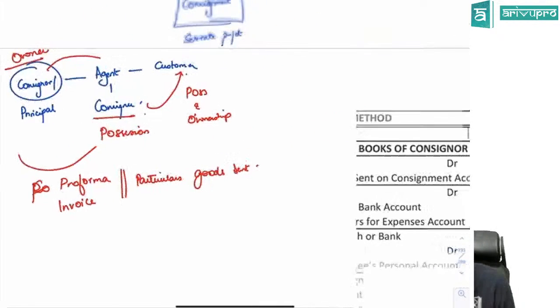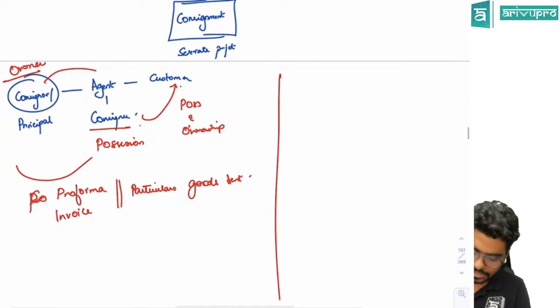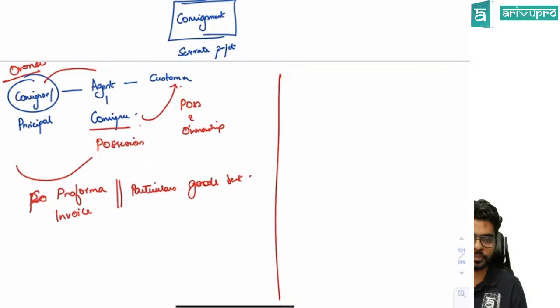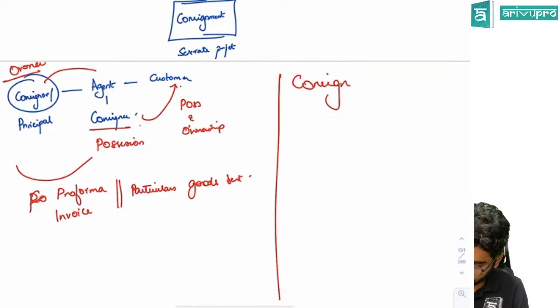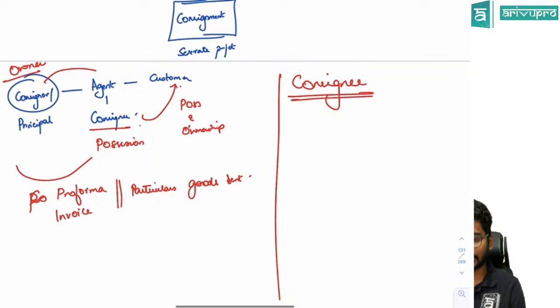Okay. Now, who's making the sale? Guys, who's making the sale? The sale is made by the consignee.